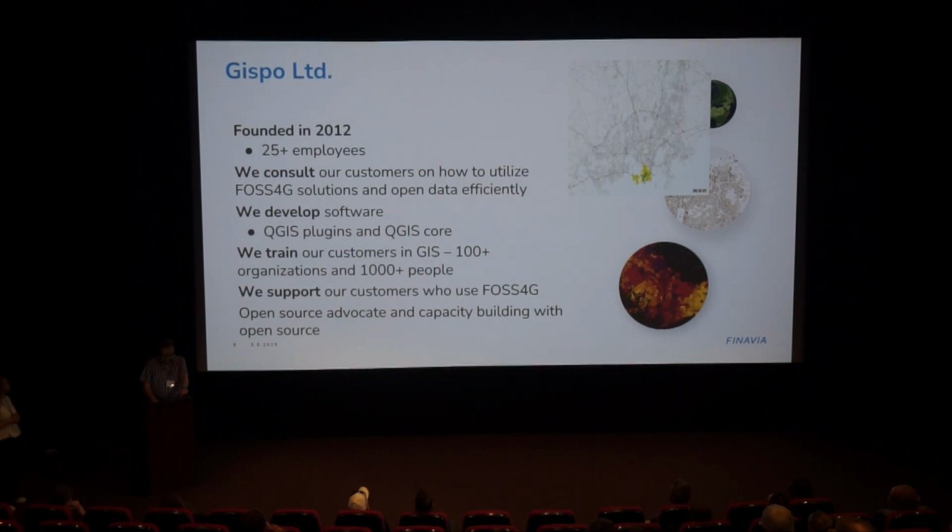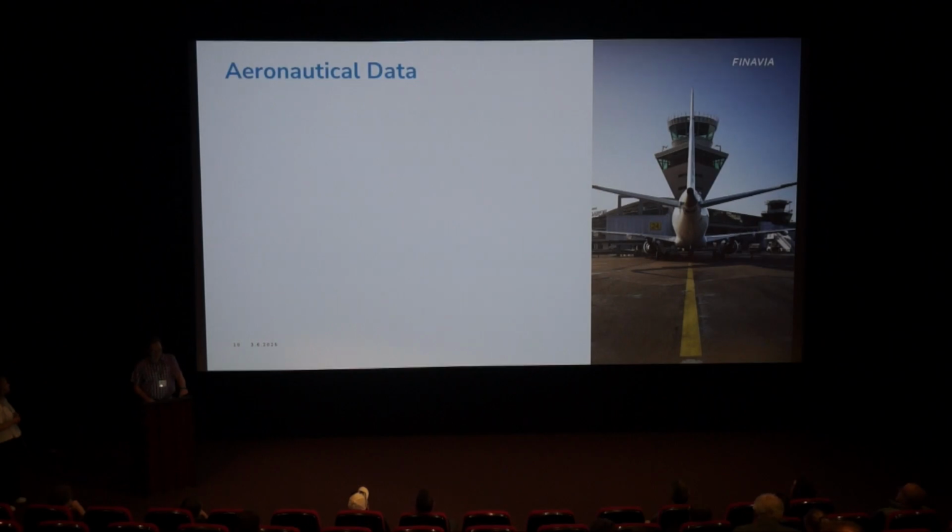We are a whole-service GIS consulting house where we can train, educate, and develop software and so on. I will talk more about aeronautical data, and Eva-Maria talked about the land side area where the passengers go, and I'm going to talk more about the air side, which is where aircraft and other items are moving.